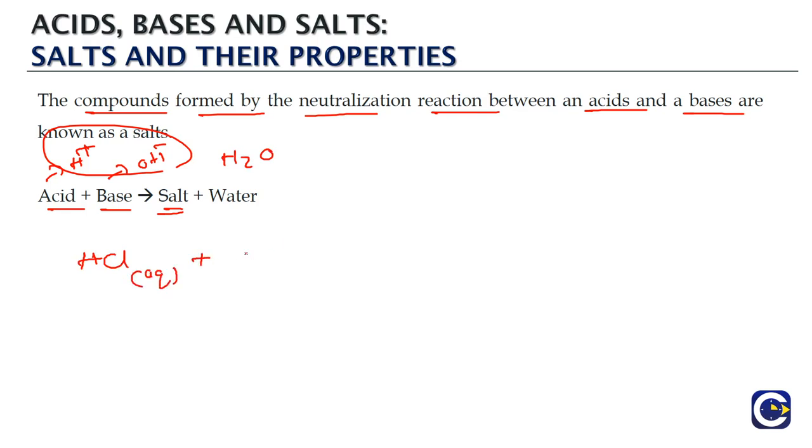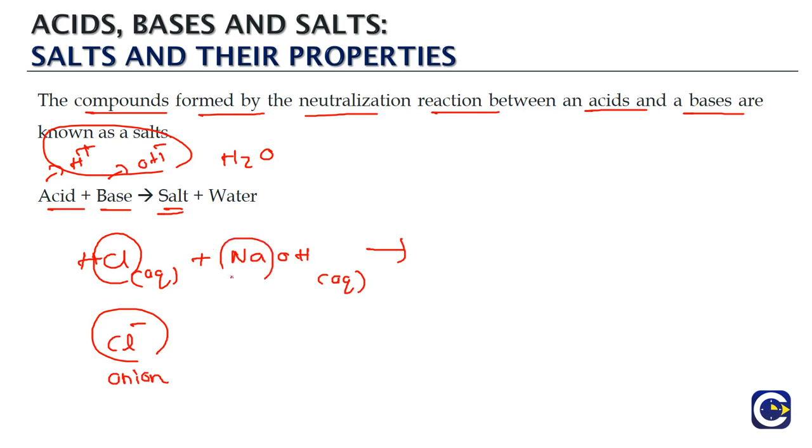If it is combining with base, again an aqueous solution, then from the acid we have the anion part or negative ion that will be coming in, and from the base we will have the positive ion or the cation. So these two will give us the salt NaCl.